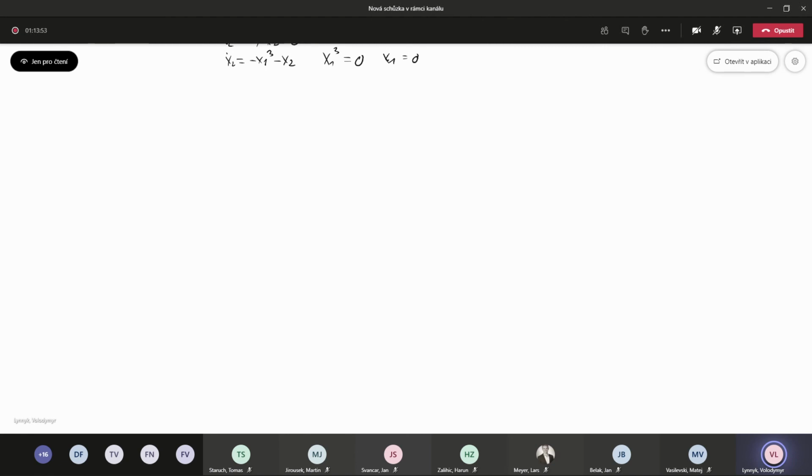Okay, and we can't say anything about the stability using the first Lyapunov method, and now we try to prove the stability via the second Lyapunov method.